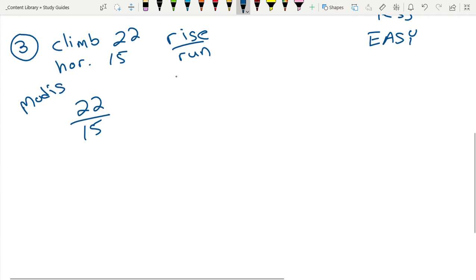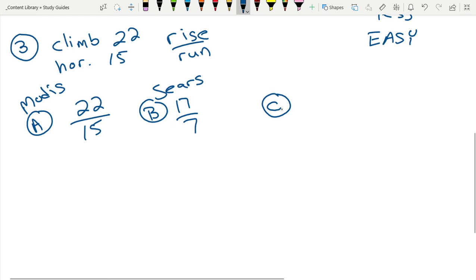And then we take a look at Sears Tower, and it says that we climb 17 for every 7 feet of travel. Alright, so this was part A, this was part B. Part C says which one of these will be easier to climb. Again, easy means less slope.